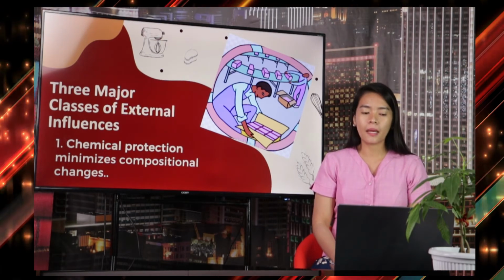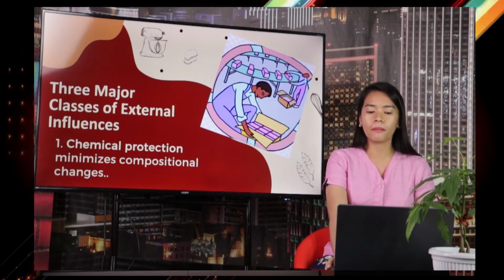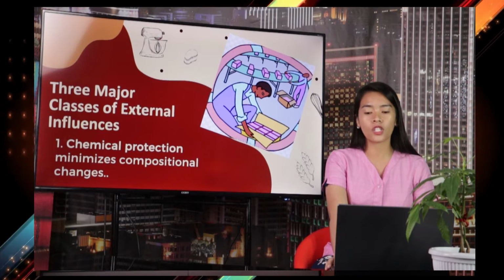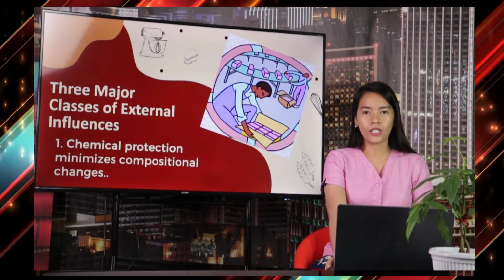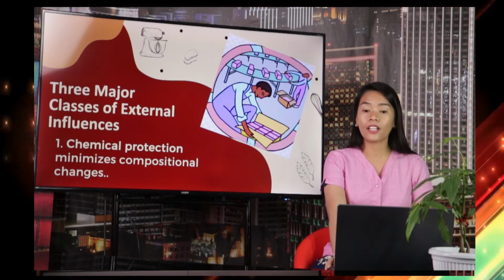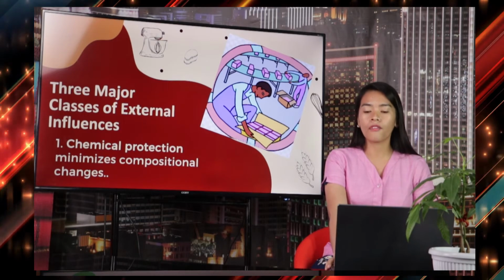Chemical protection minimizes compositional changes triggered by environmental influences such as exposure to gases, typically oxygen, moisture gain or loss, light, visible, infrared, or ultraviolet.